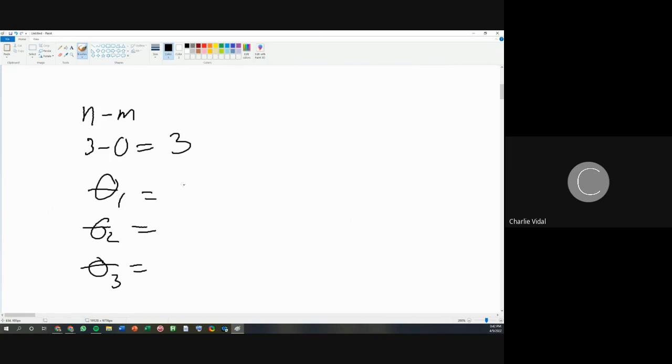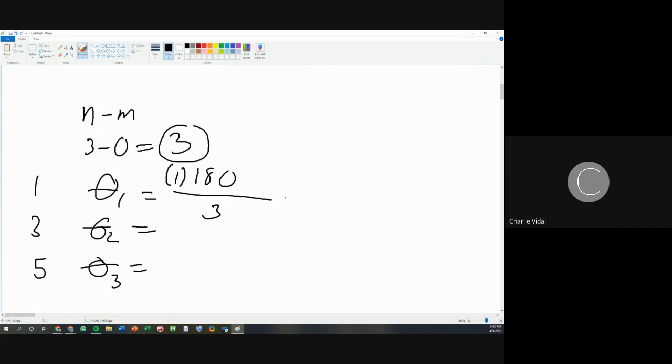To find this, you use the equation 180 divided by the number you found over here. So this is 3. The first value you multiply by is 1. It's going to be odd numbers: the first value is 1, the second value is 3, and the third value is 5.